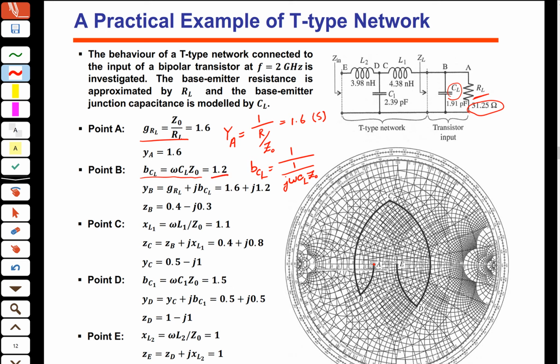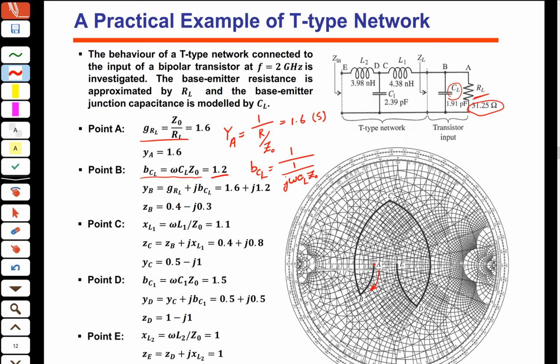So now we have to move 1.2 from this point, from point A, in the positive susceptance. What is the positive susceptance? Should I go up or down? Down. So what is the value for 1.2?